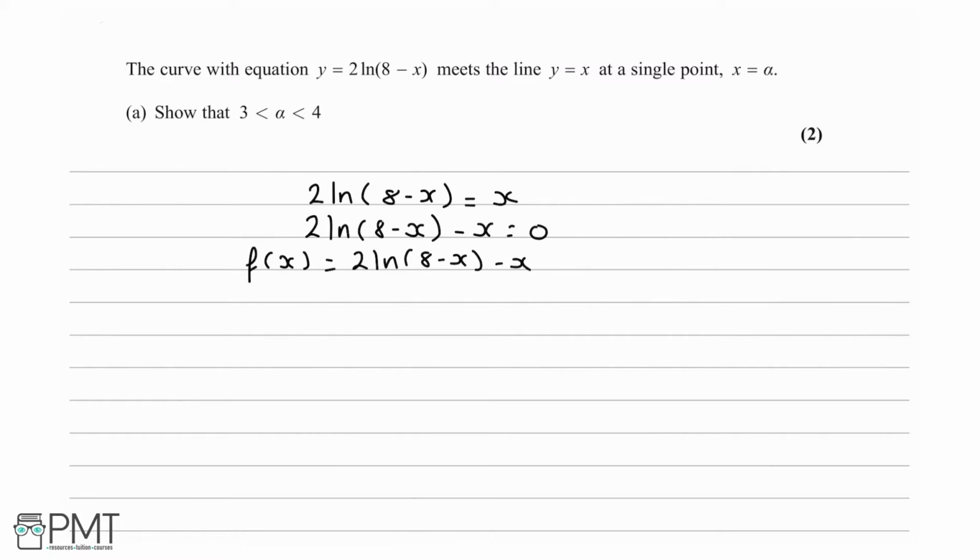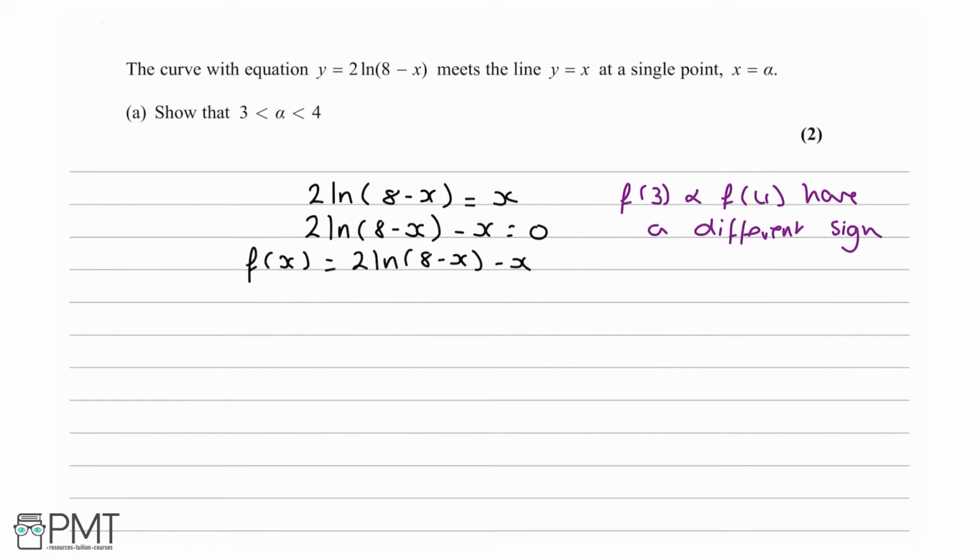Okay, so how do we show that a root to an equation is between two values? Well, first we need to test both of these values and show that there is a sign change. So what we need to prove is that f(3) and f(4) have a different sign. Okay, this is fundamentally what we're trying to argue.